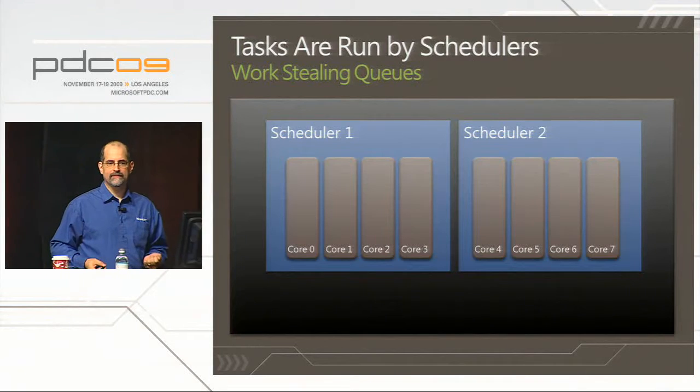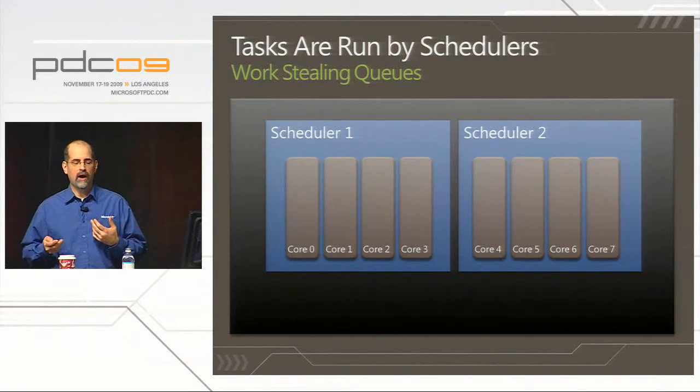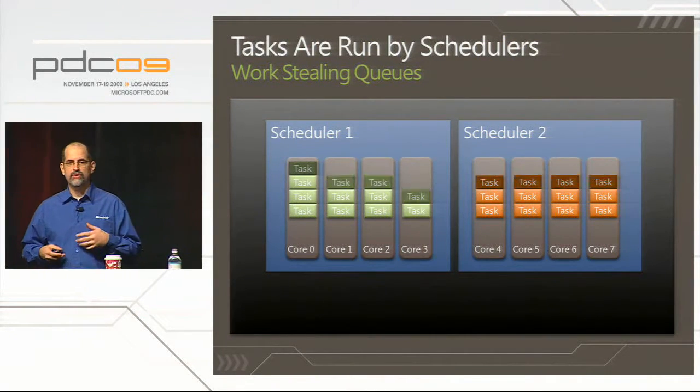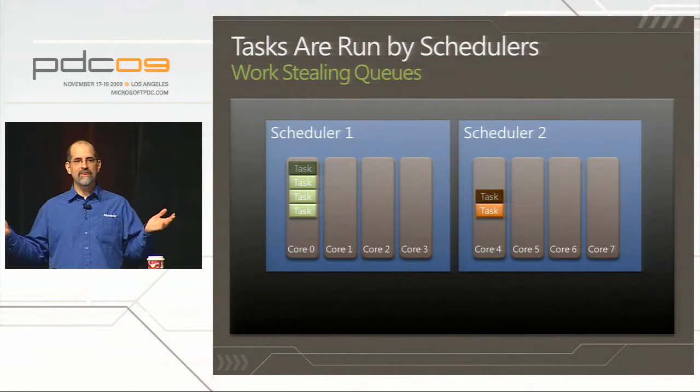Work stealing. I'm going to show you that in pictures in a minute, but work stealing queues are fairly straightforward. What happens when you run a batch of tasks? How many people here, in their threads, have all threads run the exact same length of time? They don't, do they? Right?